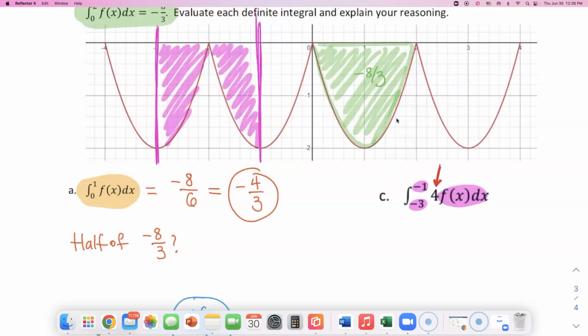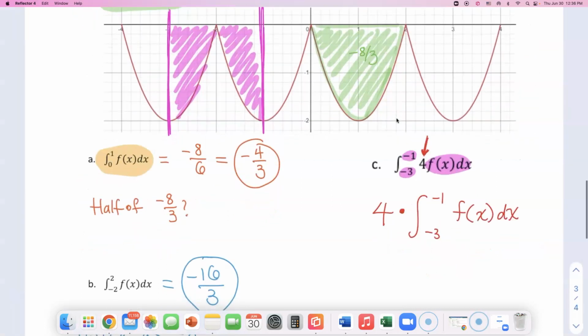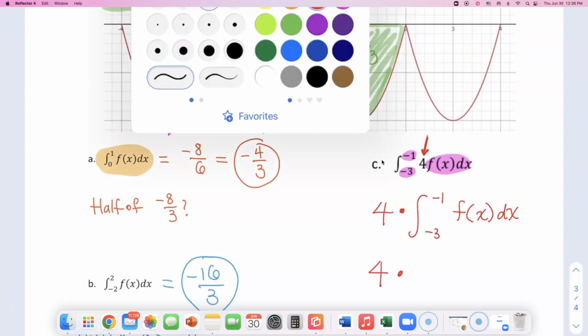Pull that 4 out to the front, and then just find the area in between negative 3 and negative 1, and then we're just going to multiply that by 4. We're multiplying 4 by what number? What is the area of this pink?